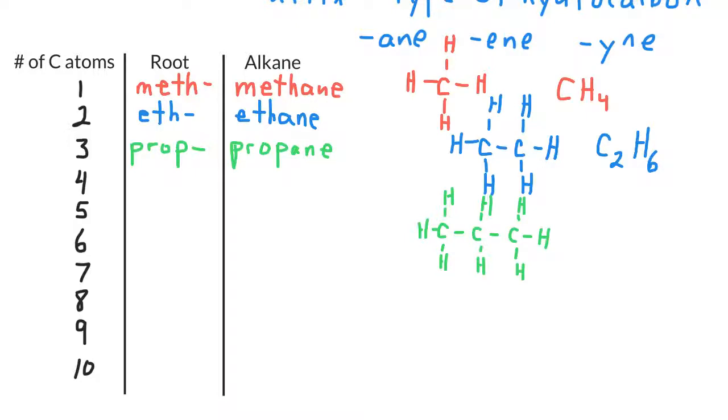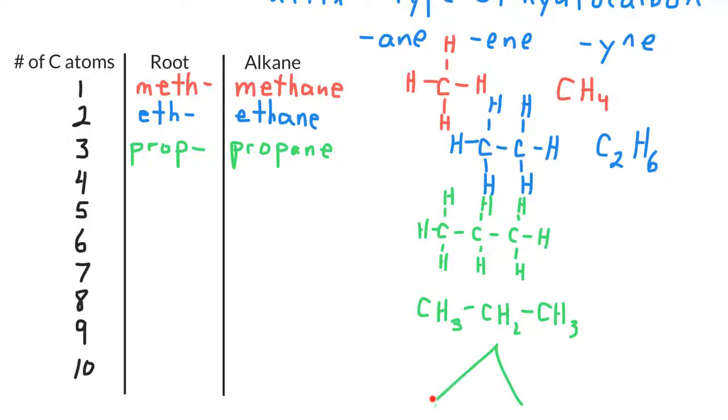So there's something called a condensed structural formula, and it would look like this. So it makes drawing a little bit easier because you don't have to draw in all of the hydrogens bonded to each carbon. You just have to draw in how many there are. There's also something called a line structure, and for propane it would look like this.